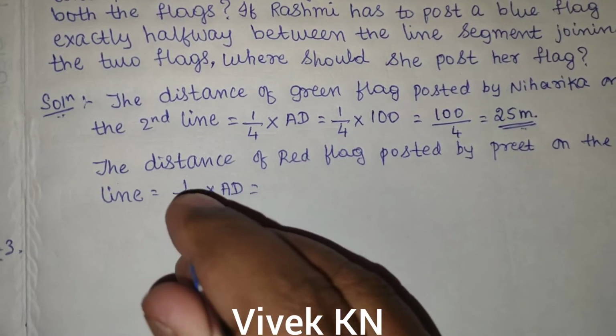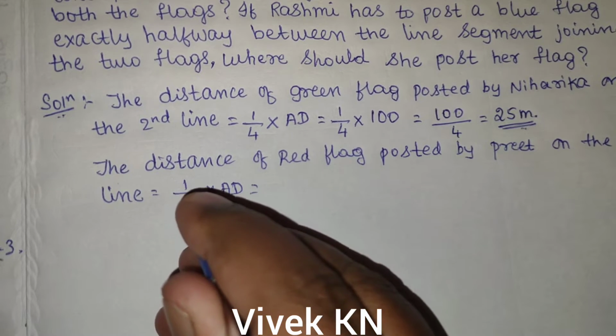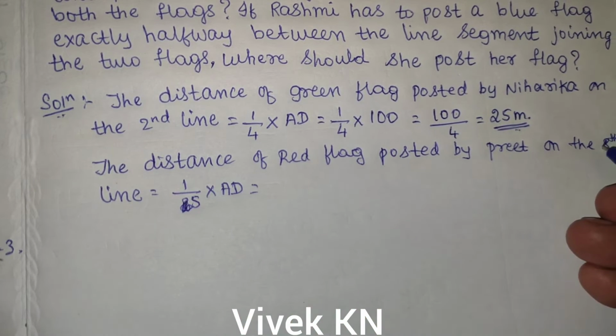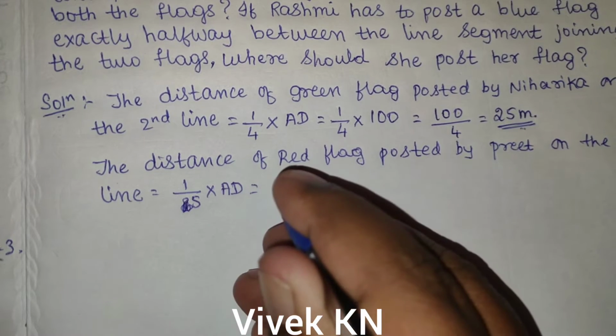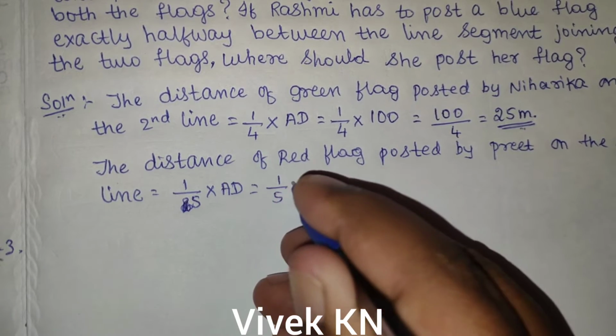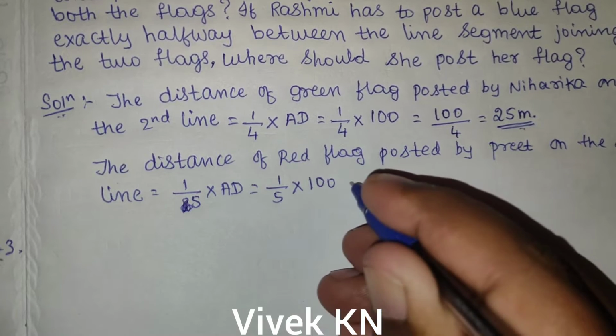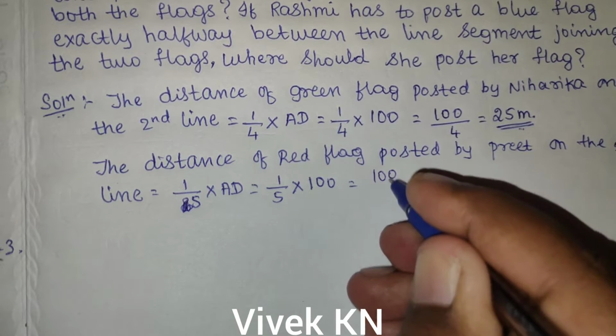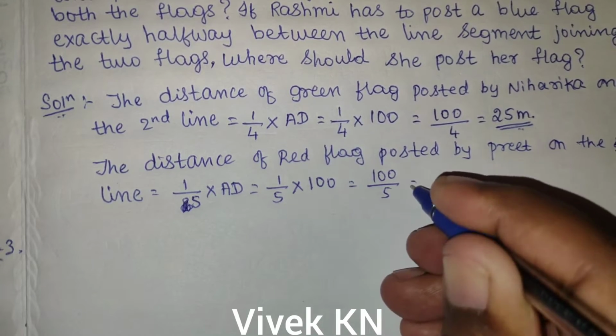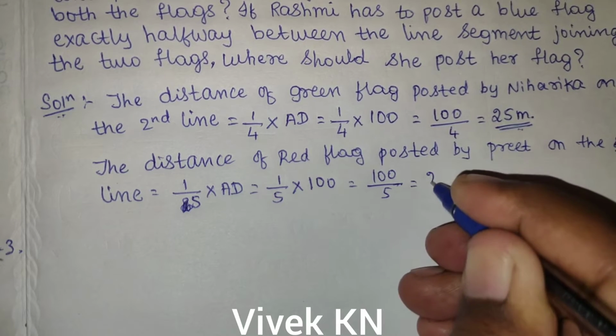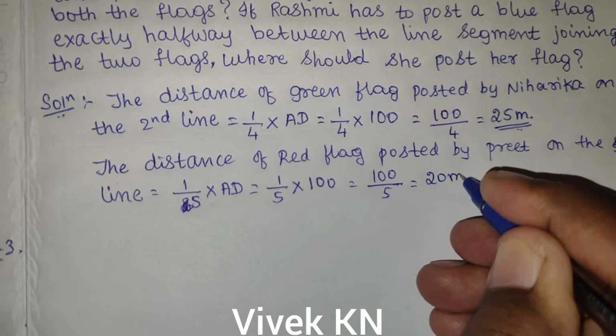Sorry, 1/5 into the distance of AD, which is 100, which is equal to 100/5. 100 divided by 5 is 20 meter.